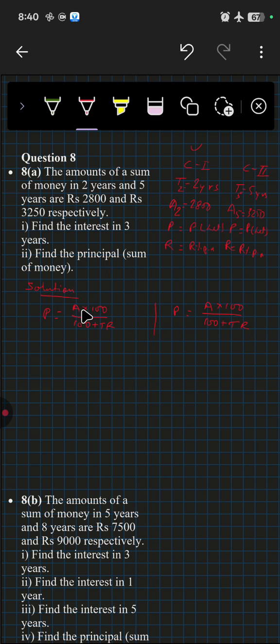But this changes: this is for A2, this is for A5. Amount in 5 years, this amount in 2 years. So what is the amount in 2 years?